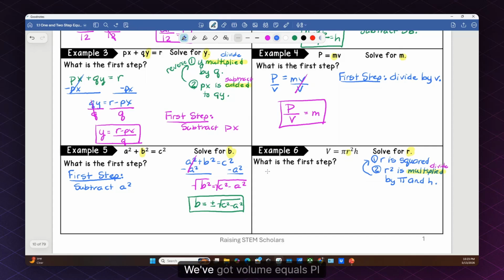Let's write this out. We've got volume equals pi r squared h. We can divide by pi and h. We can divide by them at the same time, which is kind of handy when we're dealing with variables like this. Okay, so pi and h are going to cancel out, and we get V divided by pi h equals r squared.